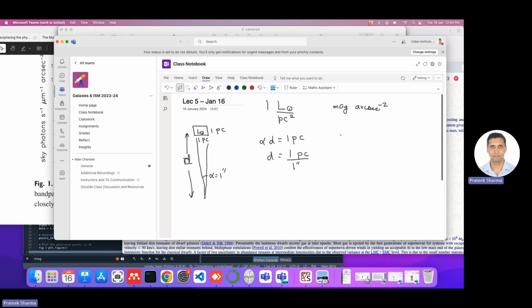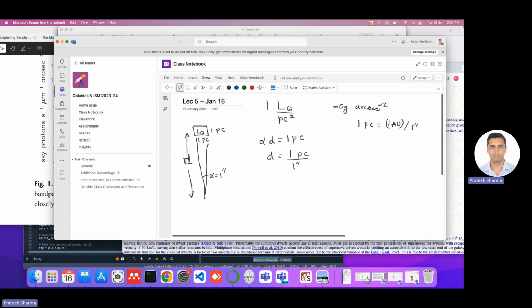And you remember your definition of parsec. So 1 parsec is equal to 1 AU divided by 1 arcsecond.